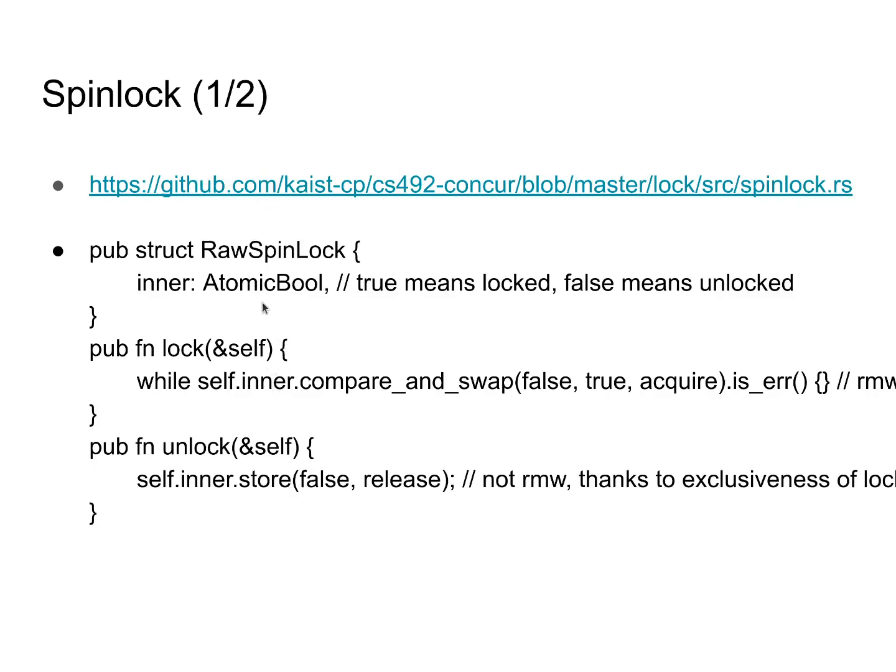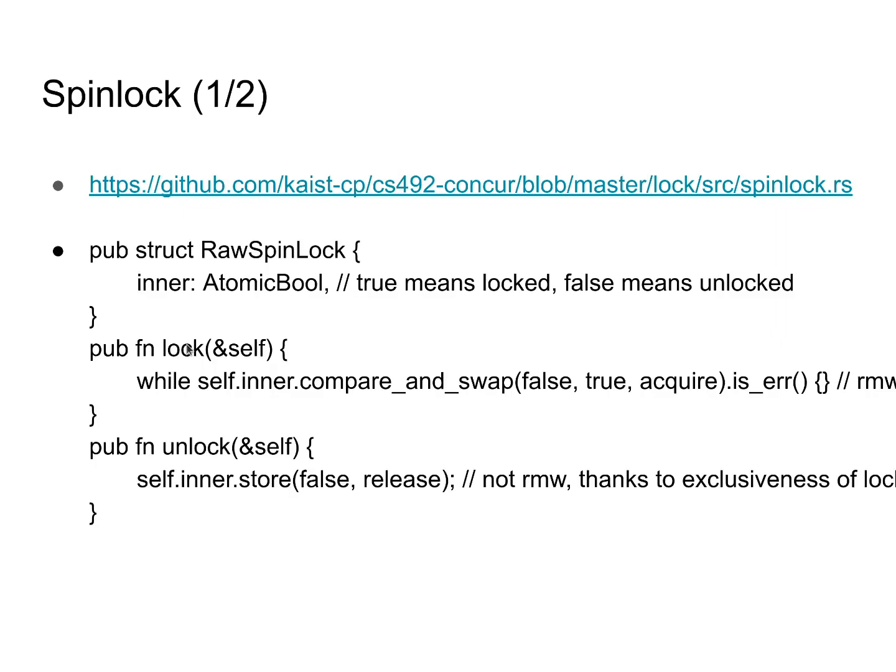So it should be Sync, and in order to make a Boolean Sync, you have to use this AtomicBool type. Okay, so far so good. You are going to implement a lock function like this.